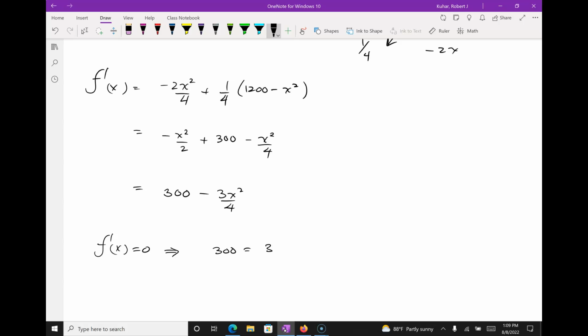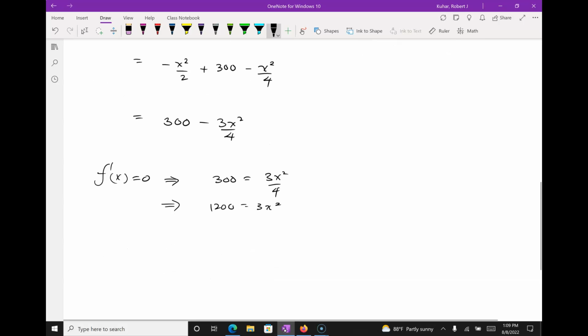300 equals 3x squared over 4, or 1200 equals 3x squared, or x squared is 400. So x must be 20, and of course, we know it's 20 centimeters.